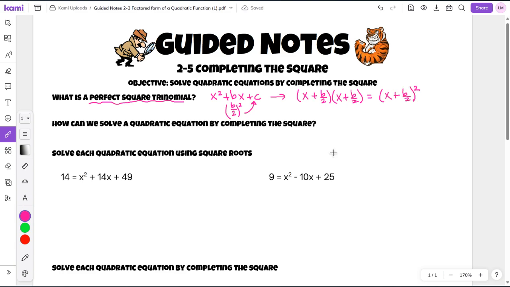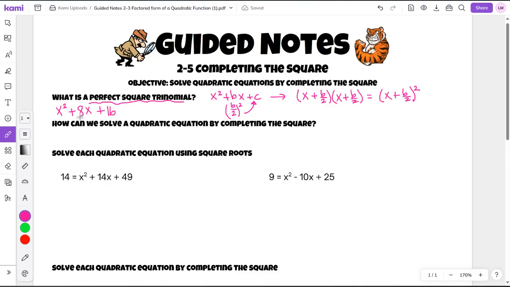We're not going to use those letters or write it like that, but the process is dividing the middle number by 2 and squaring it to create this perfect square trinomial. Here's an example: x squared plus 8x plus 16 is a perfect square trinomial.